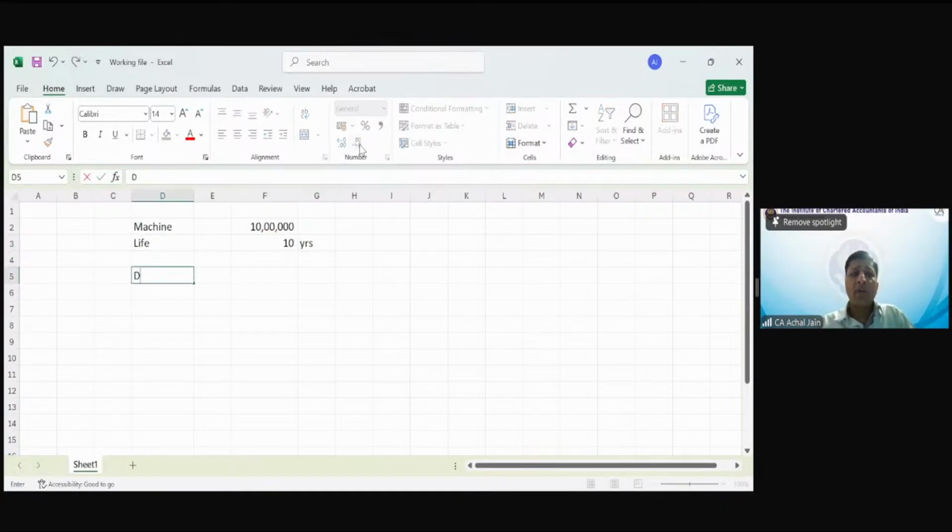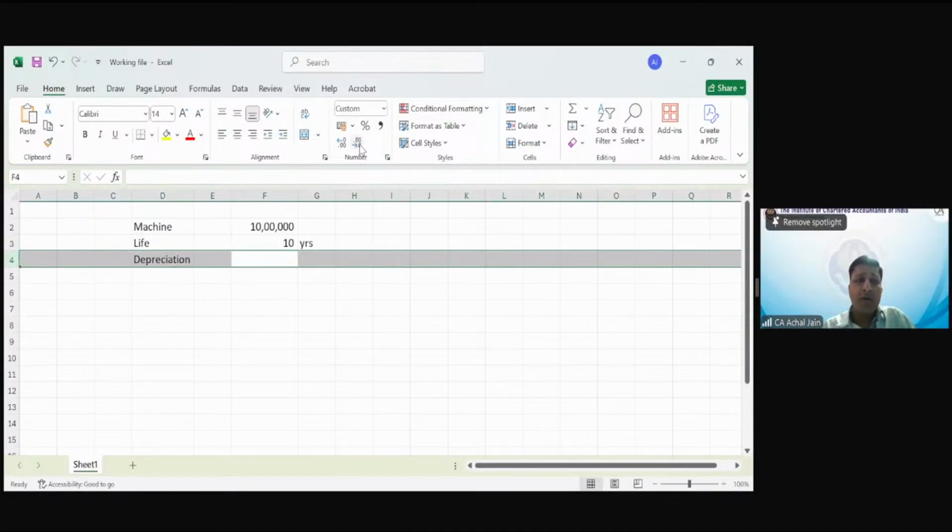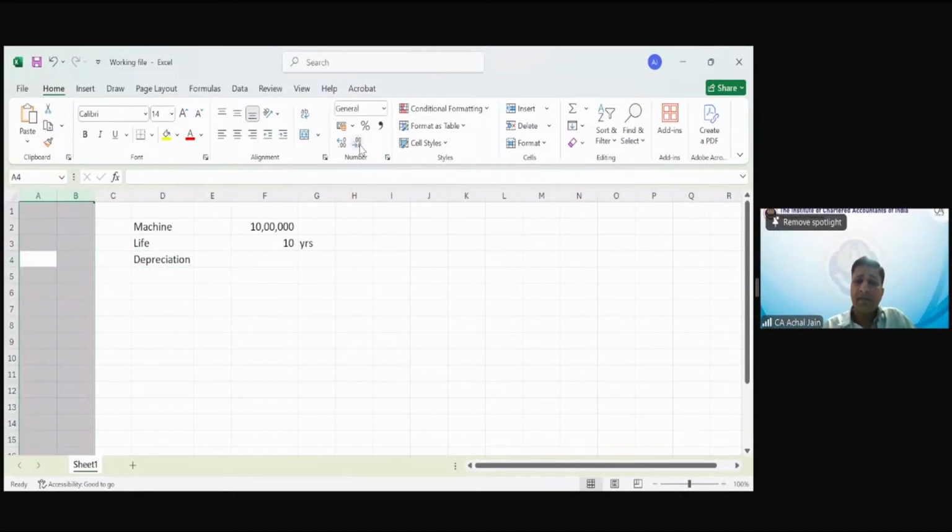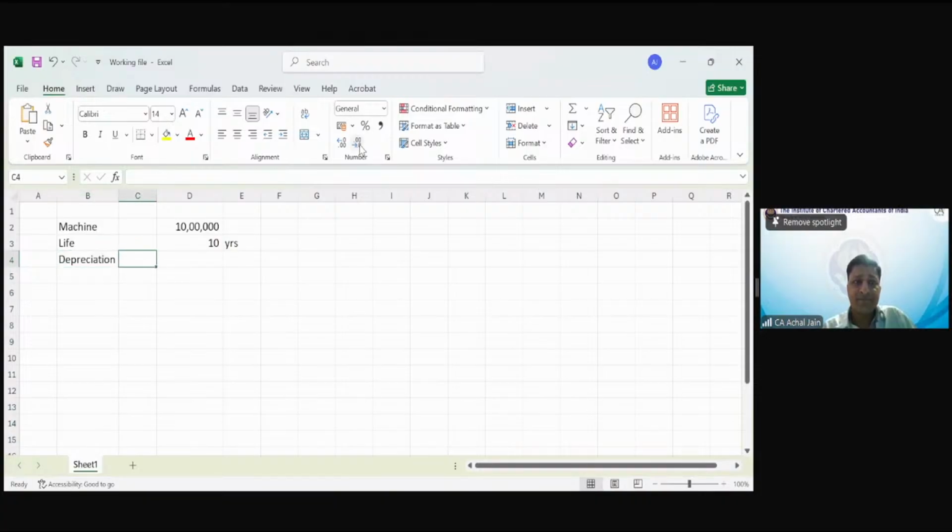Can you tell me what will be the amount of depreciation on this machine? Soumya, Devu, Almas, they have computed. It's going to be 1 lakh. Correct?